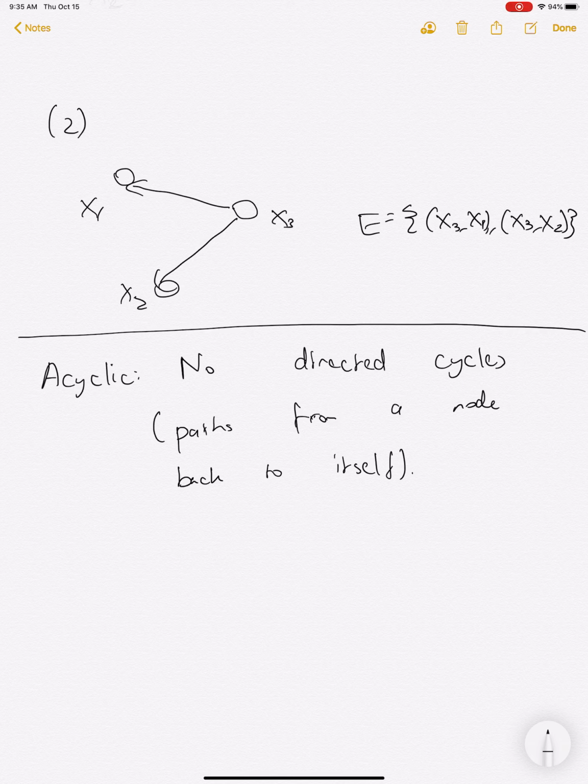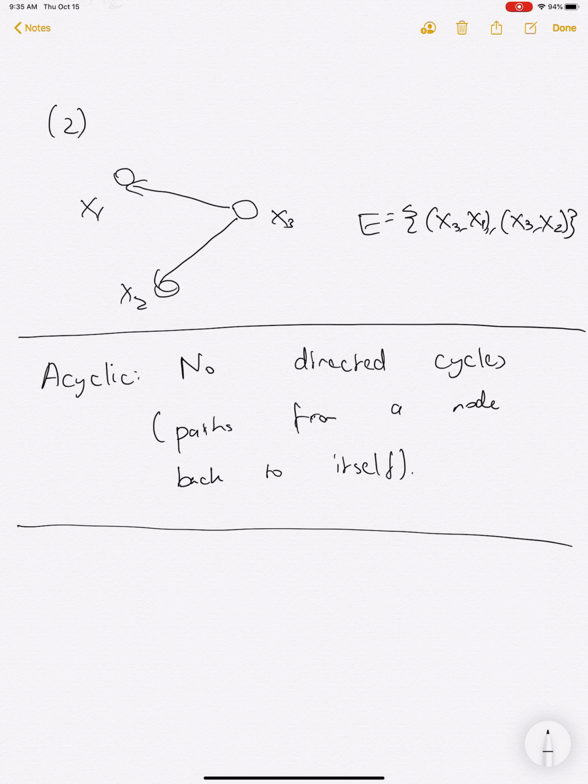So if there are no paths from a node back to itself along the directed edges, then that's a directed acyclic graph. And this is an important property because it allows you to write out the distribution in a convenient way.